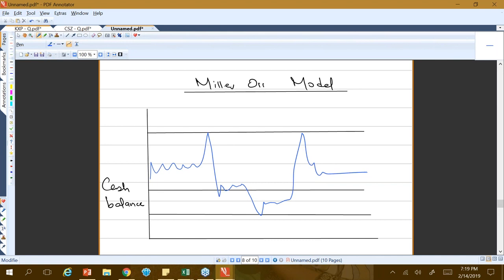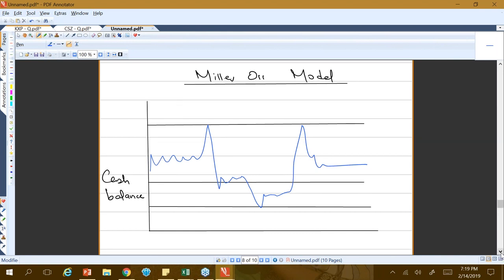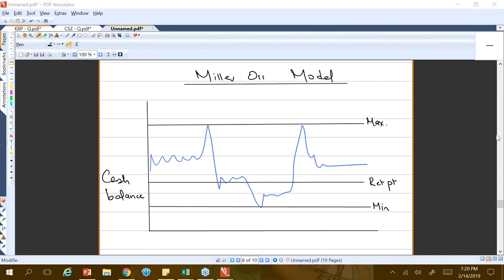And these are the three limits that are set. This is the maximum, this is the minimum, and this is the return point.